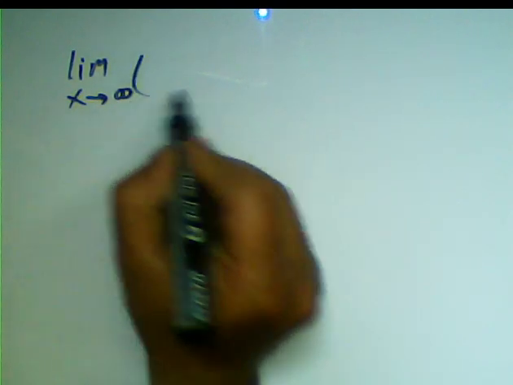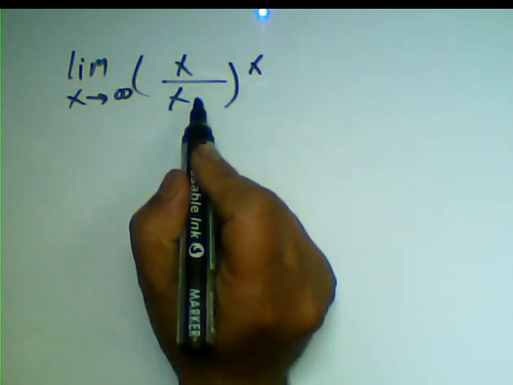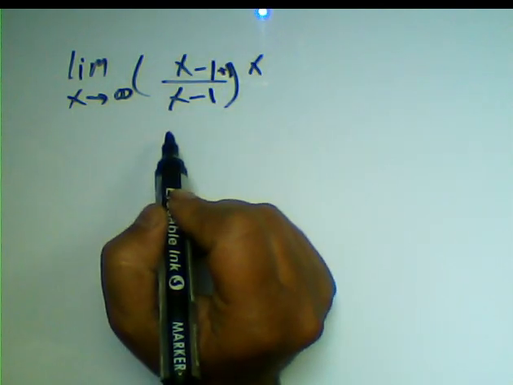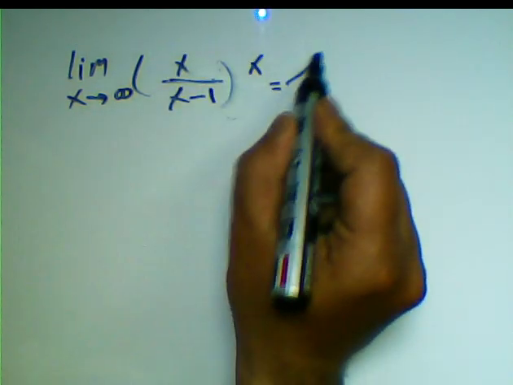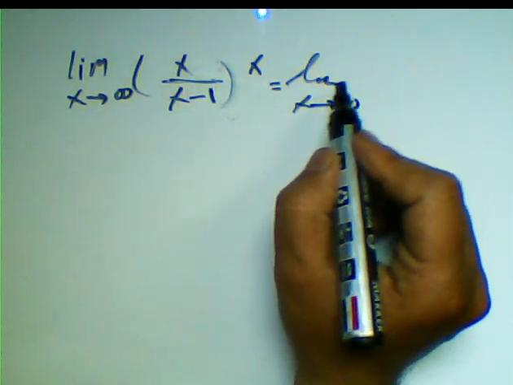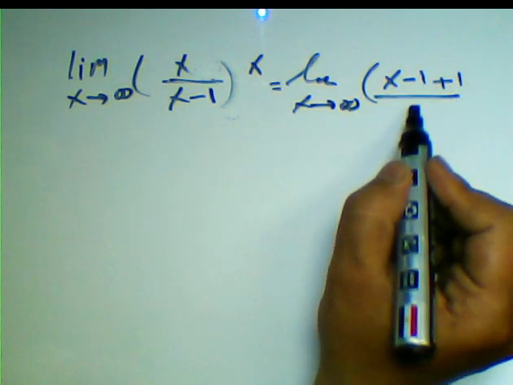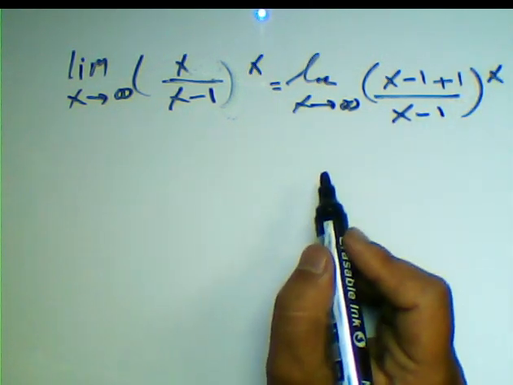Limit, as x approaches infinity, of the function (x/(x−1))^x. We can subtract and add 1 here. Okay, we must do this example, don't forget, I will solve it here. I will add negative 1 and we will add 1: (x − 1 + 1)/(x − 1), whole to the power x.